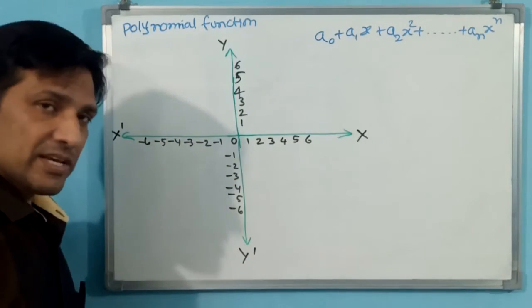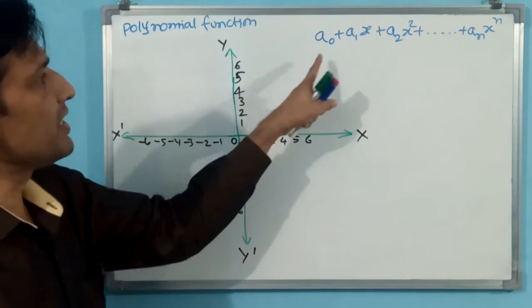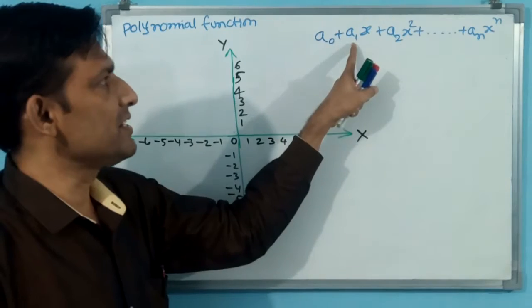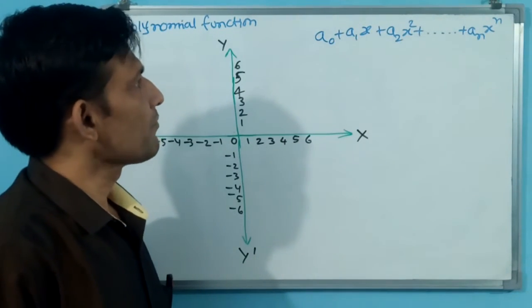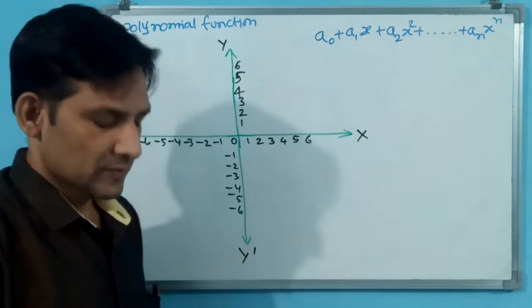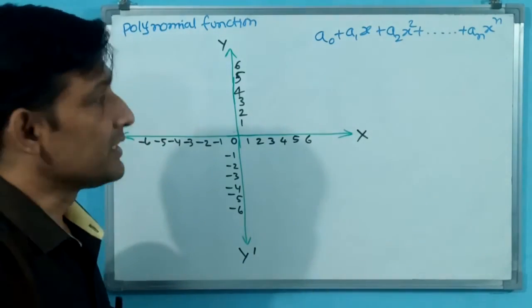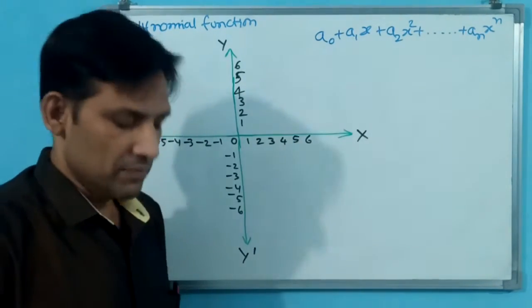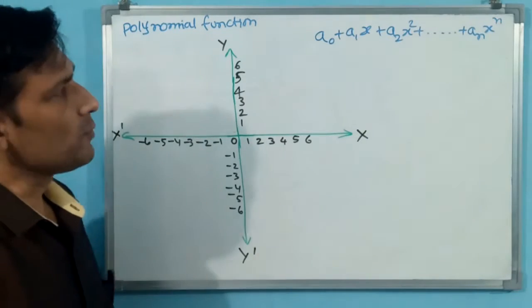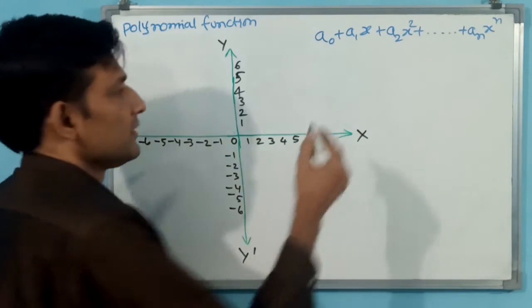Here a0 is a constant, and a1 is a coefficient. Normally if it is not having x, then it is a constant, or else it is a coefficient.